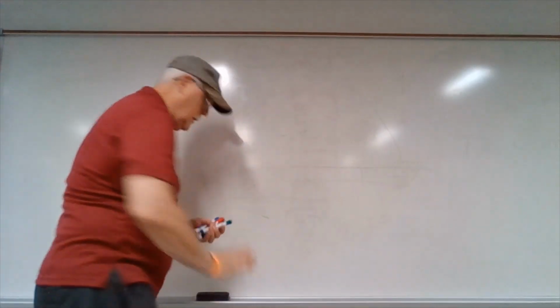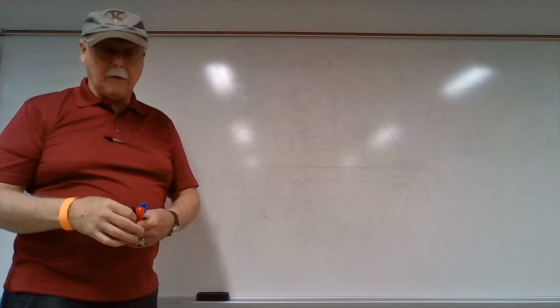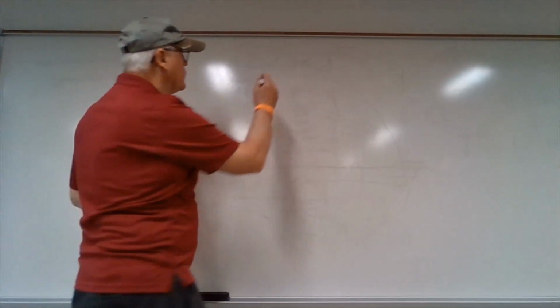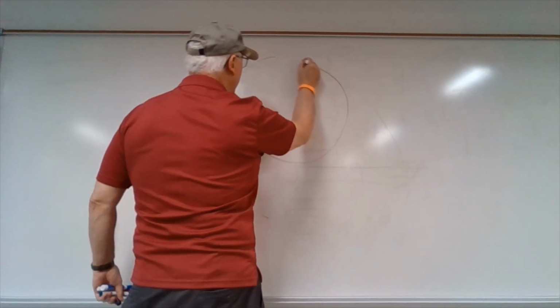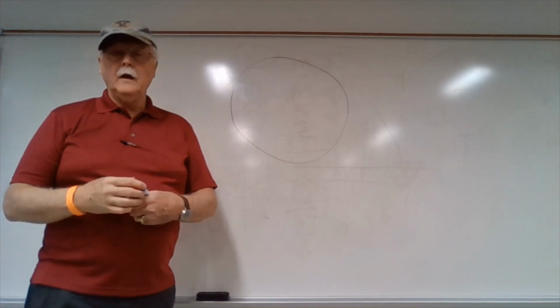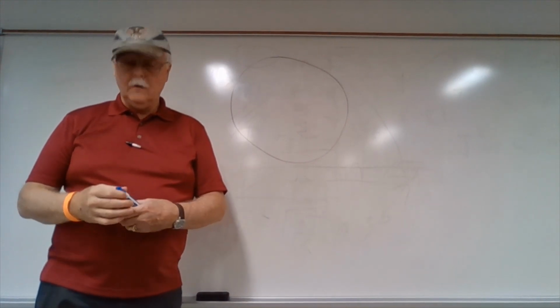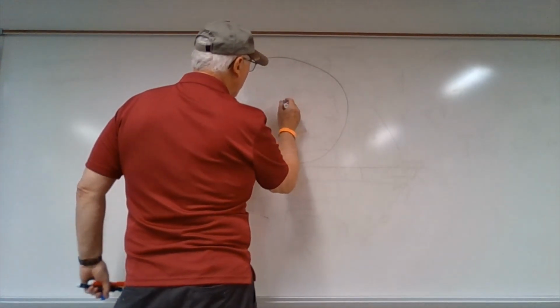So here's what you have to do on this lab. This is maybe the most simple lab we're going to have. The first thing I'm going to do is draw a circle. That is our tabletop. Now we're going to put two vectors in. There's a little bullseye right here.